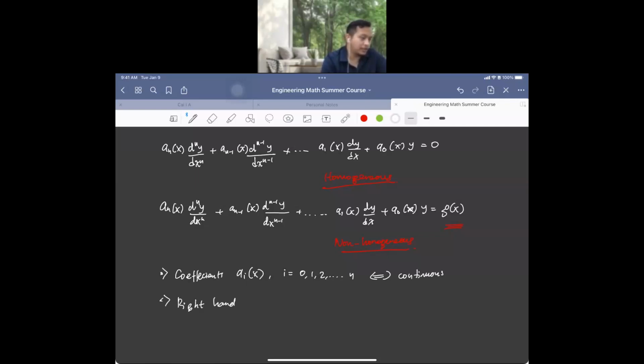And the right hand side, g of x, is also continuous. And a_n of x is not equal to 0 for every x in the interval.